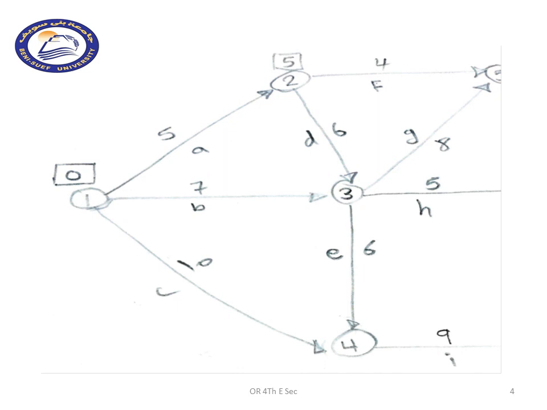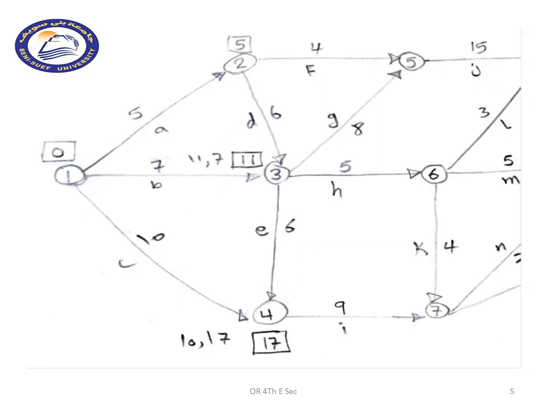At node 1 we cannot start any activity, so the earliest possible starting time will be 0, represented using a rectangle above or near each node. So the earliest starting time for node 1 will always be 0.